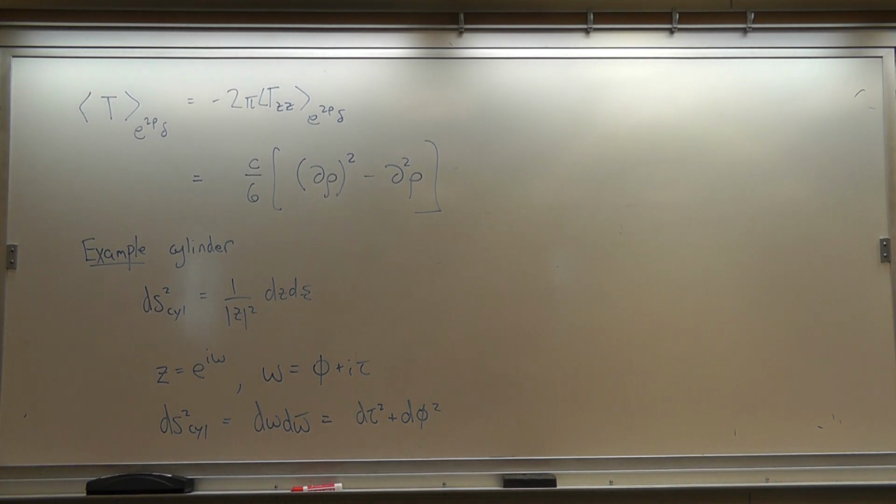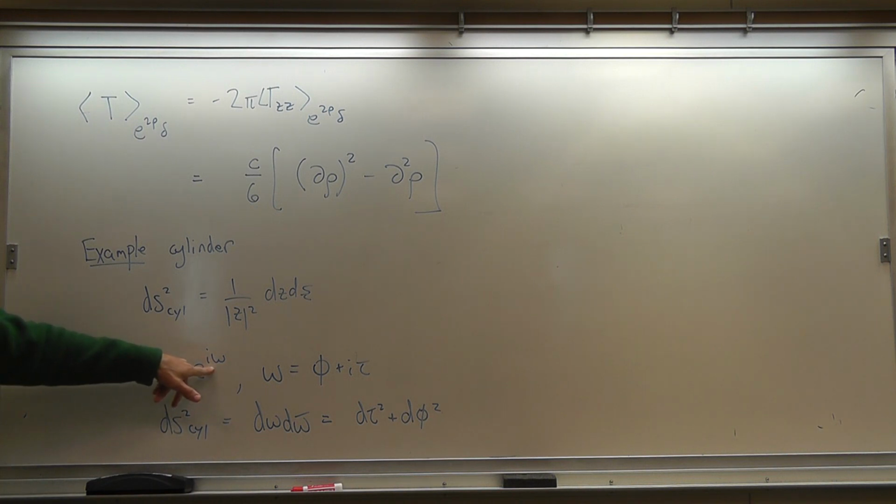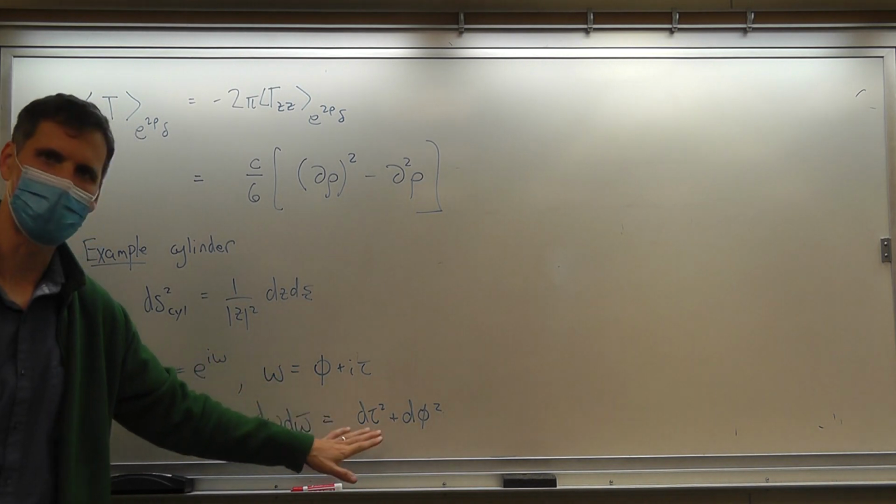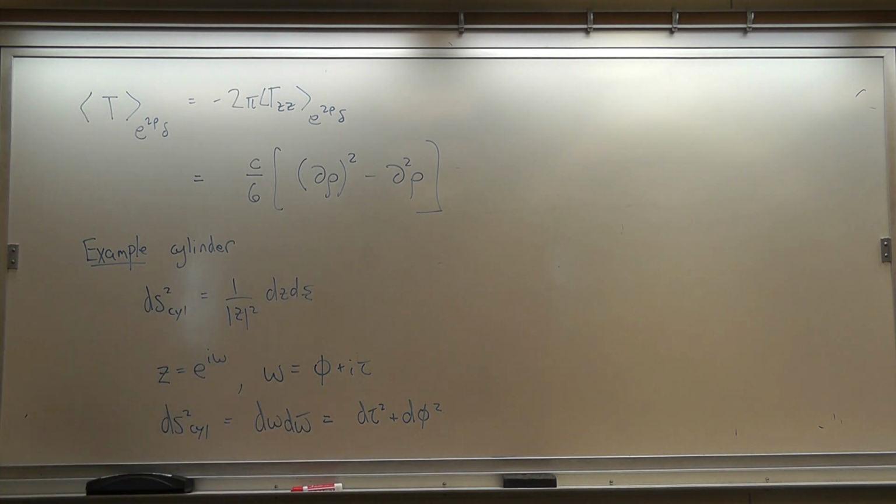Furthermore, this coordinate change tells you that w is periodic mod 2 pi. If w is periodic mod 2 pi, that means phi is periodic mod 2 pi, so phi is really an angular coordinate, and this is really the cylinder. Note that I am not doing a conformal transformation right now. I'm just doing a coordinate change, not a conformal transformation at this point.